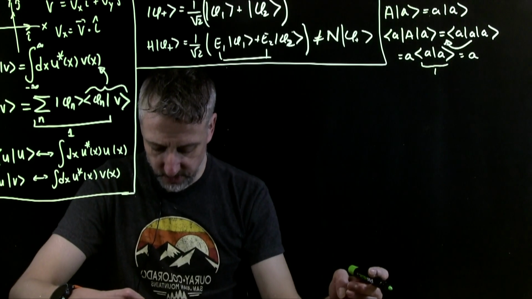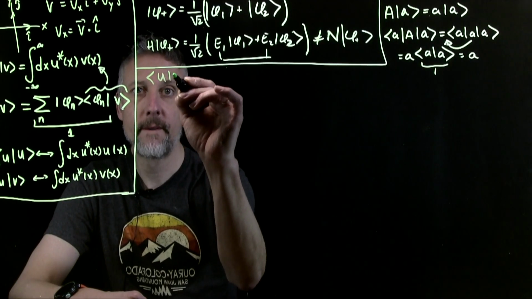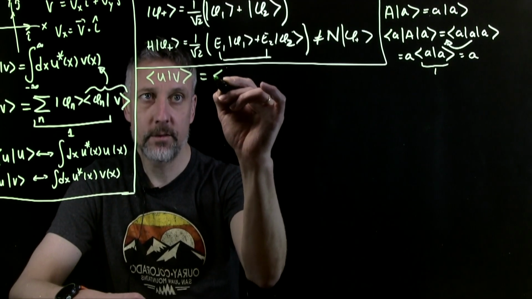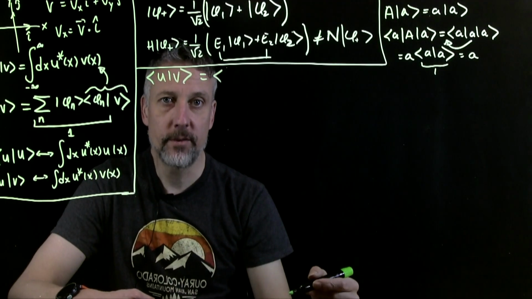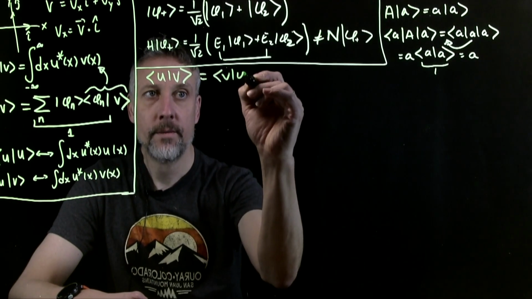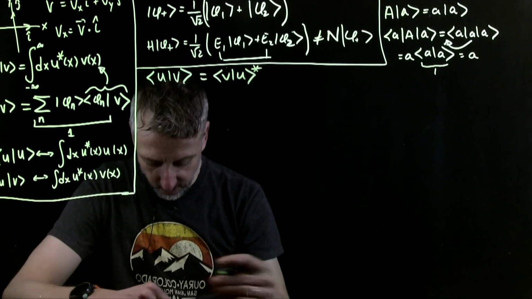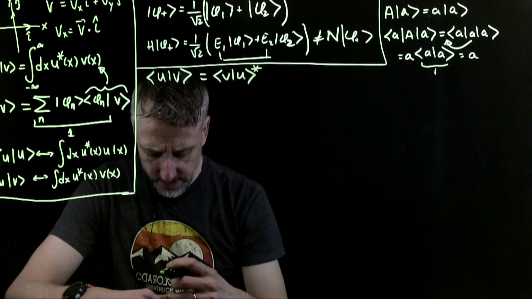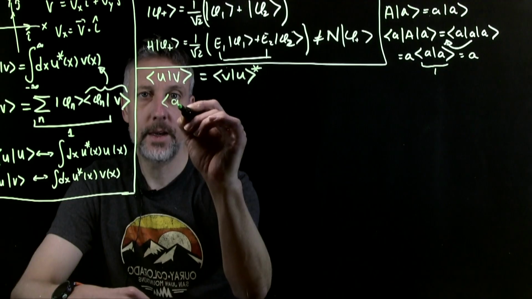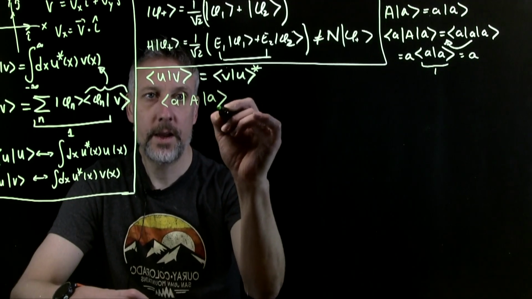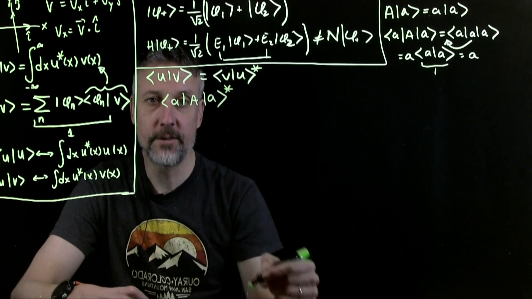All right, so what we're going to do next is remind ourselves of something about scalar products with complex numbers. And that is, if I swap the order of them, which I can do by remembering my rules of the Dirac notation, then this will be equal to the complex conjugate of the swapped-order scalar product. Okay, and then I can imagine what happens if I take the Hermitian conjugate of this.